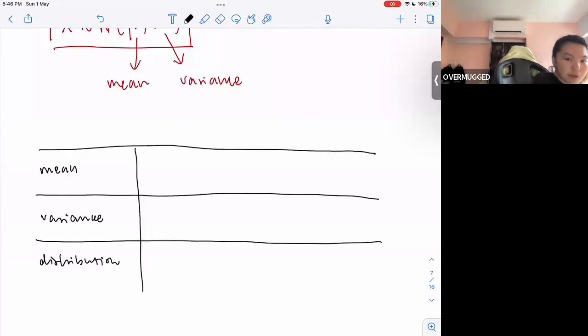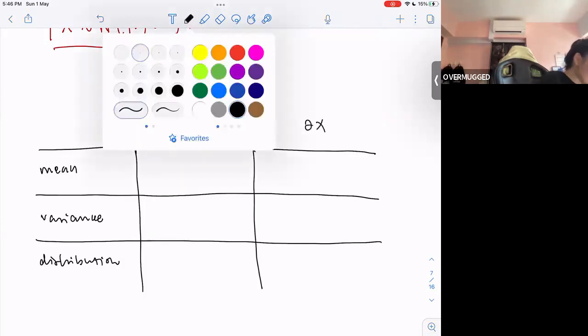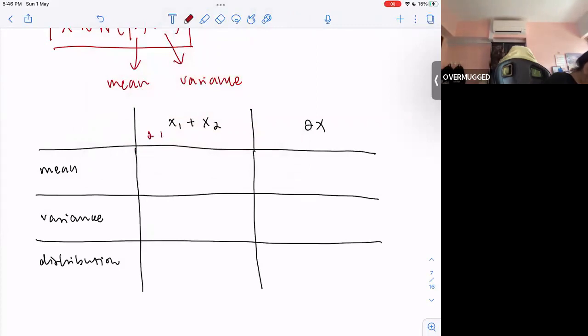Let's say you have two independent events that are identically distributed. That will be X1 plus X2. Versus if you have twice the value of one observation.